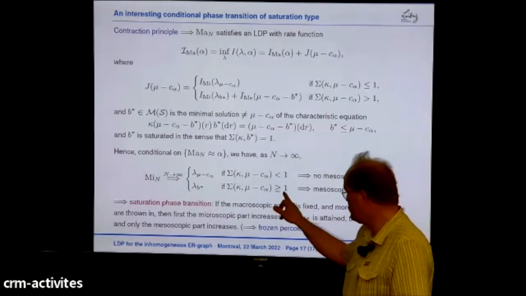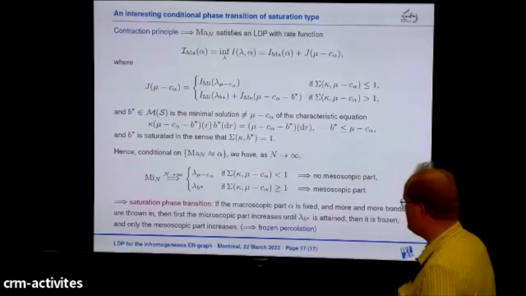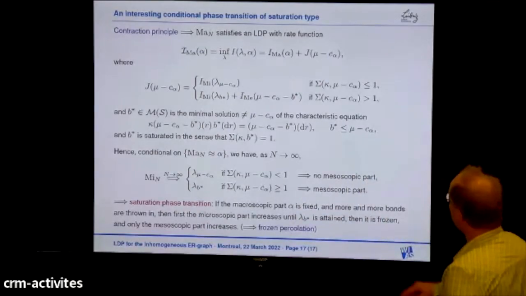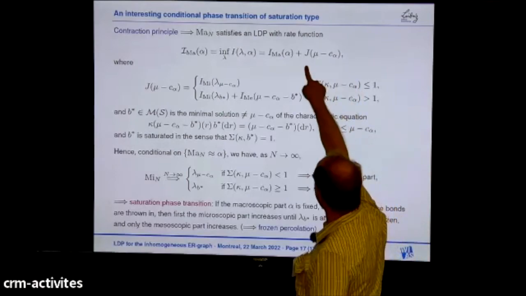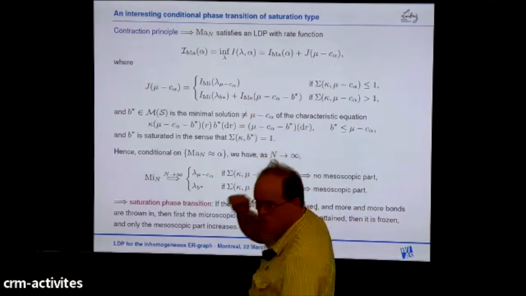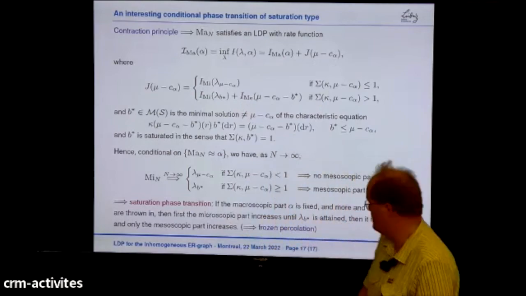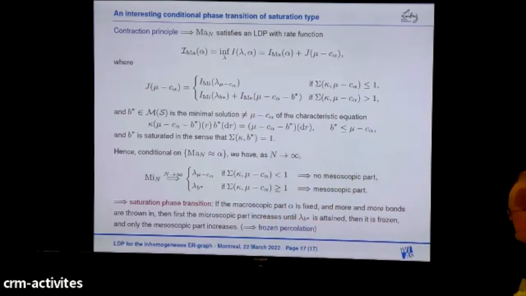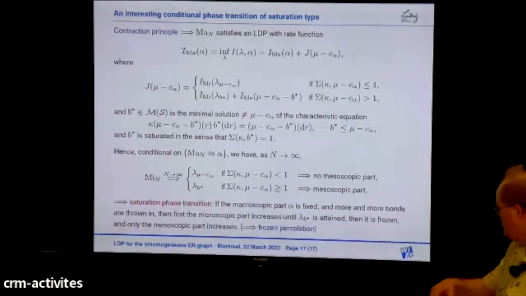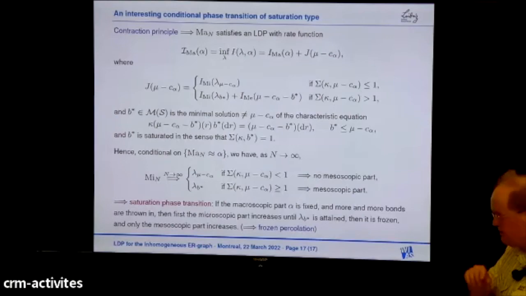And if you are going beyond the number, then you see that the corresponding lambda is a B star, and there is a non-trivial mesoscopic part, because this function explains only mesoscopic stuff here. This mesoscopic stuff is suddenly non-trivial, and this means there is some mesoscopic stuff really contributing to it. This is a saturation phase transition. If you fix the macroscopic part, and put in more and more bonds, excuse me, not particles, I throw in bonds, it's increasing in bonds.